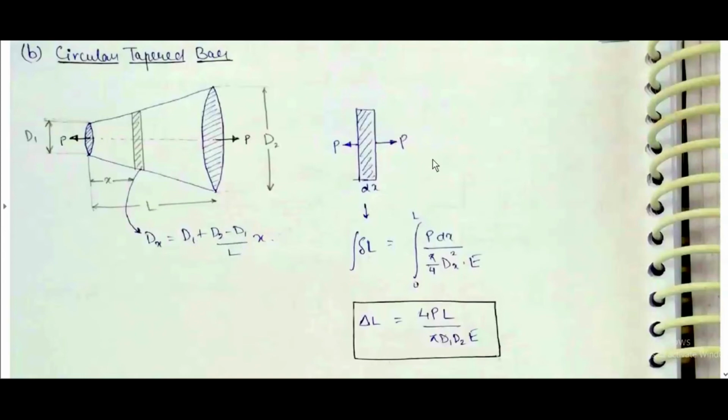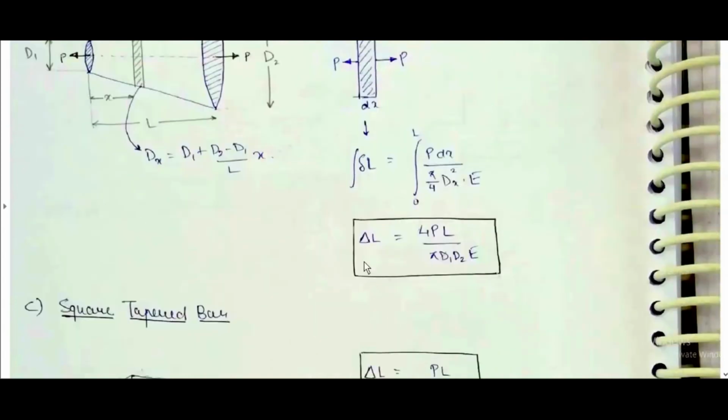Delta L is equal to the integral from 0 to L of P dx by pi by 4 dx square E. If we integrate, delta L is equal to 4PL by pi d1 d2 E.